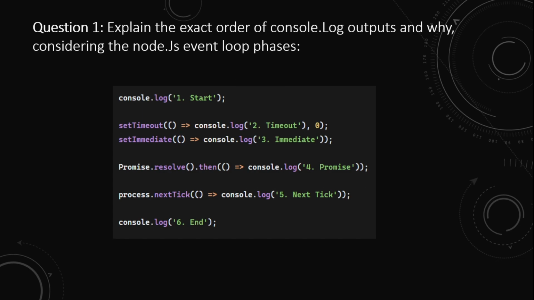So the first question is that we have to find out the exact order of console.log outputs that would be printed in the terminal when it is executed. Here the hint is that you have to clearly figure it out using the Node.js event loop phases.